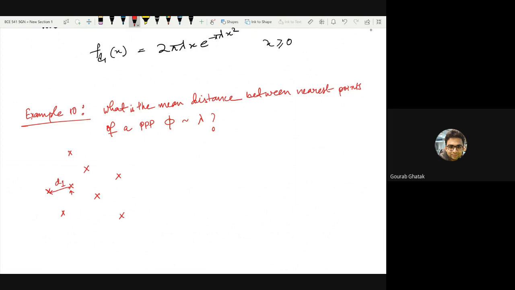Remember that for this point itself, maybe it's not the same as d1, maybe this other point is its nearest neighbor. So what we have to find out is to go to each point, identify its nearest neighbor, and call that a random variable d1. What we have to find out is the expected value of d1. Is the question clear?